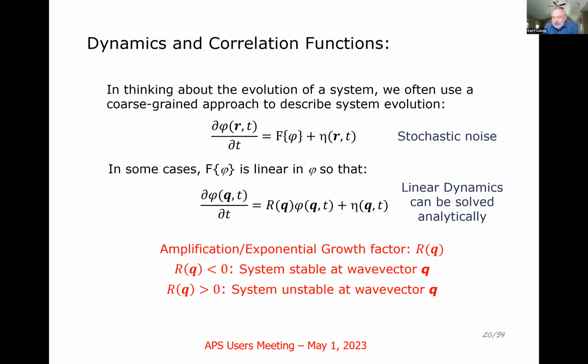Now, as I said, there's a lot of theory that's been done in this field. One of the simplest things you can imagine is a linear theory. And here you can also make some larger connections.